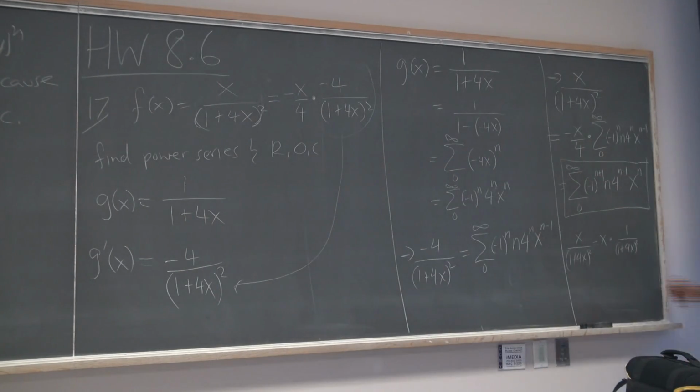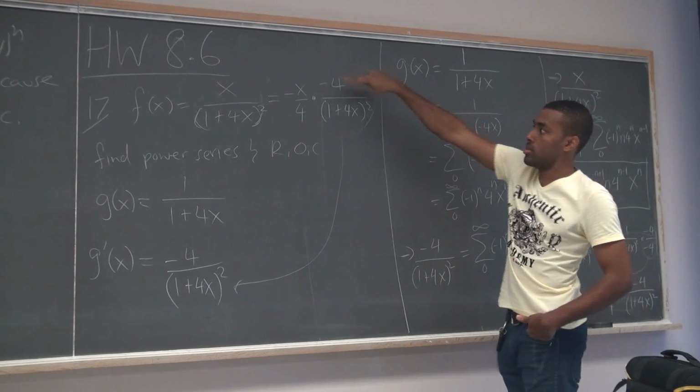Oh, okay. So what I did was I multiplied by minus 4 over minus 4. Right? Bring this 4 to the top. This 4 I moved over there. So I have minus x over 4 times that minus 4 over 1 plus 4x squared. And that's where I got this.